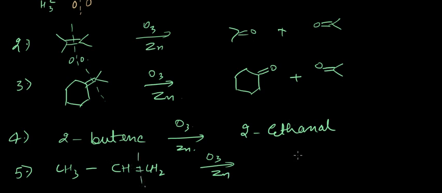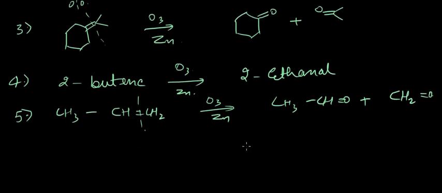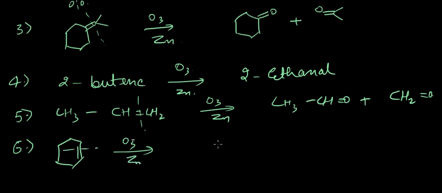Again this carbon breaking would be there, so we will get something like an aldehyde and a formaldehyde, ethanaldehyde and formaldehyde. Okay, we have something like this. What would happen here? Breaking up of bond happens, and we would have something like this structure.